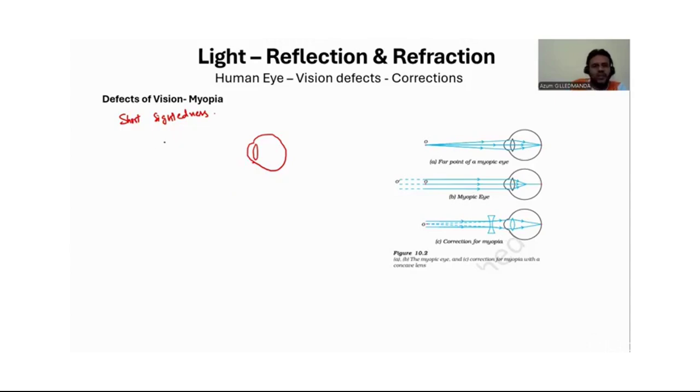Now the normal eye: if I have an object at infinity, it forms an image which is inverted onto the retina, right? So this is what a normal eye does. You have an object at infinity and you're forming an image on the retina.